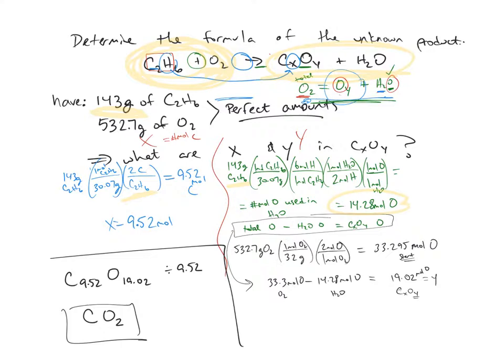Then we take our total amount of oxygen from our original oxygen amount, subtract the oxygen in the water, and that gets the amount of oxygen in our unknown. So again, we rely on our understanding of conservation of mass, combined with stoichiometry, to answer problems.